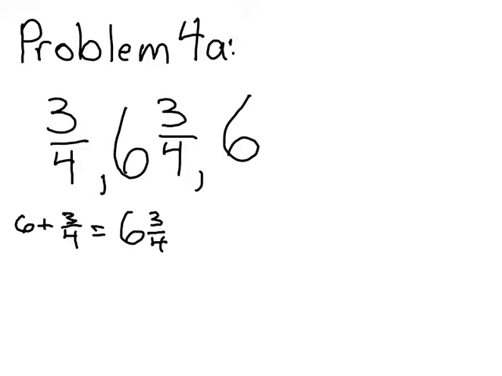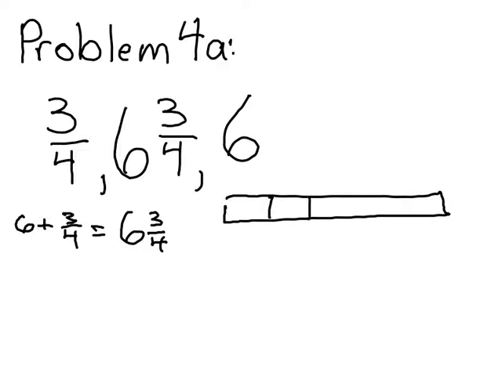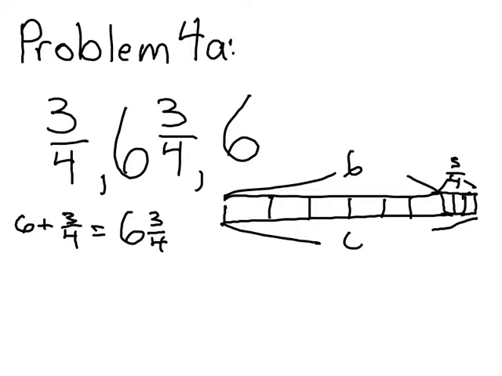And we can see that by doing the simple tape diagram here. It shows 6, 1, 2, 3, 4, 5, and 6. So we go 1 quarter, 2 quarters, 3 quarters. So here's our 3/4. This is our 6, and if we add them together, we have 6 and 3/4.